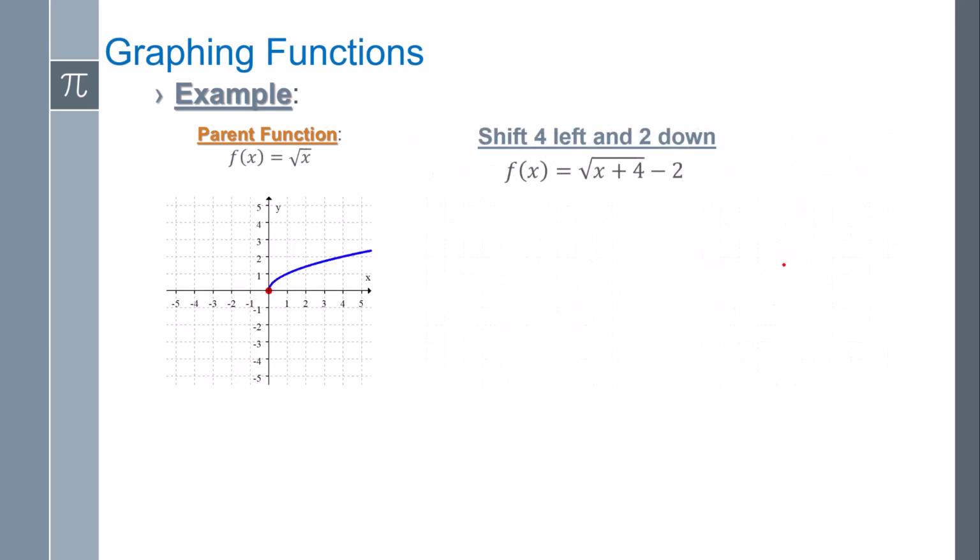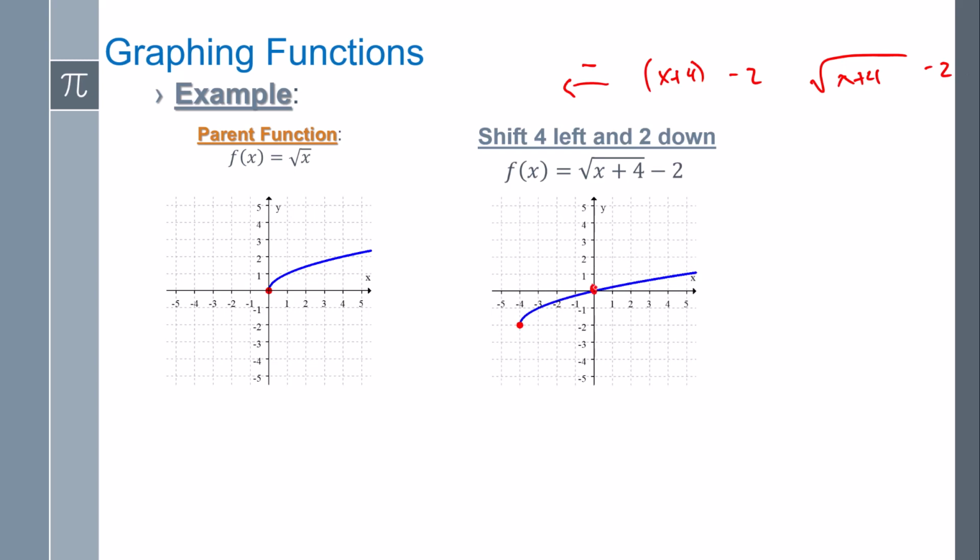If I wanted to shift this square root function 4 places to the left, that's in the negative direction, so that's going to be x plus 4, and then down 2, so then minus 2, but we have to put it in its function form, so square root of x plus 4, and then the minus 2. And then it normally started here, shifted over 4 spaces, down 2.